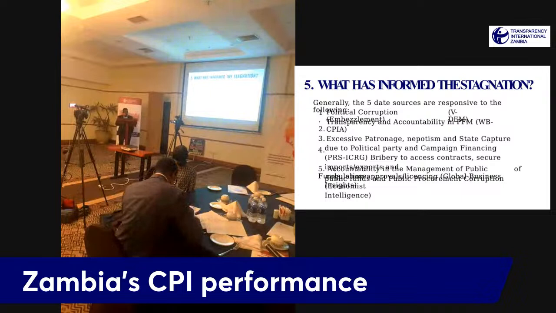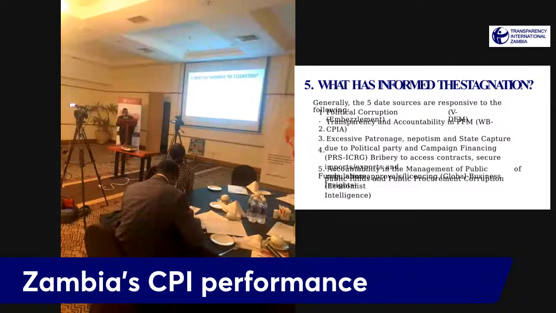We have excessive patronage, nepotism, and state capture due to political party and campaign financing. We have bribery to access contracts, secure imports, exports, and regulation approvals or licensing. That's from the Global Business Insight. And then we have accountability in the management of public funds, abuse of public funds, and public procurement corruption. That's from the Economist Intelligence data source.